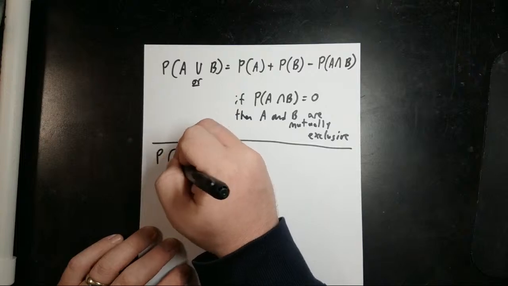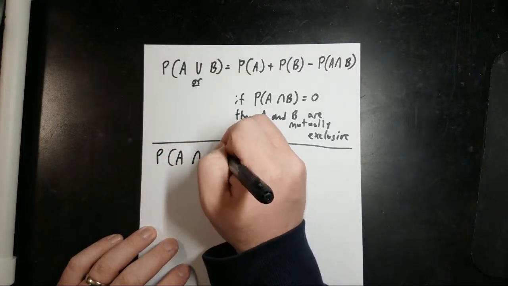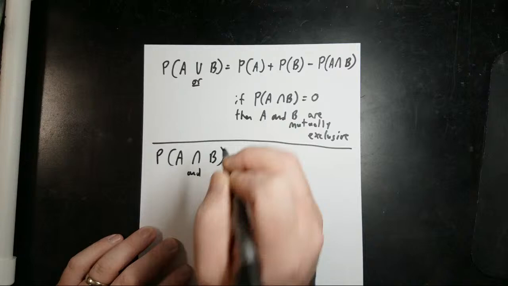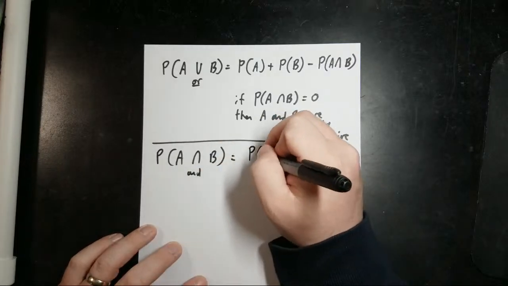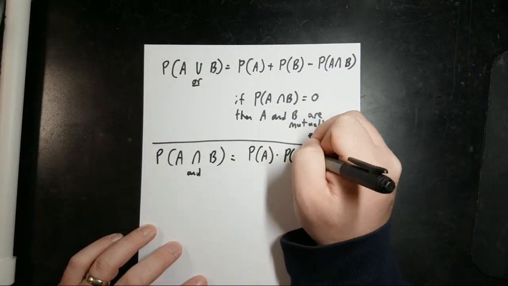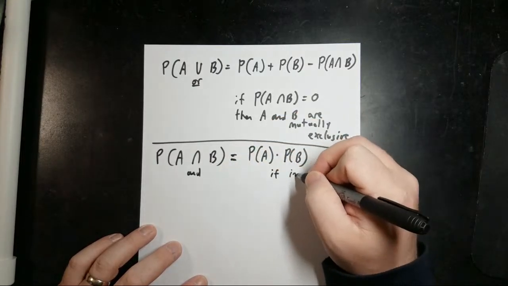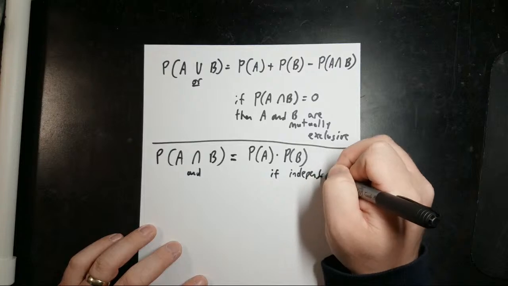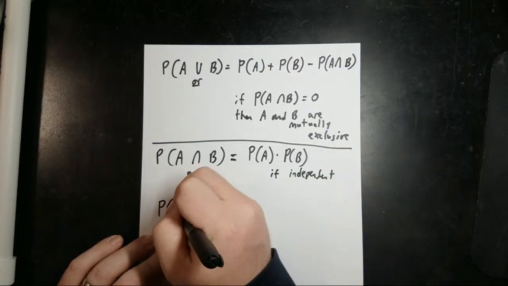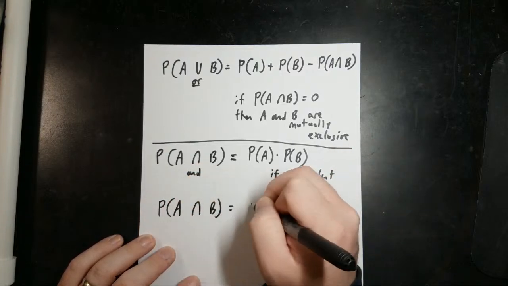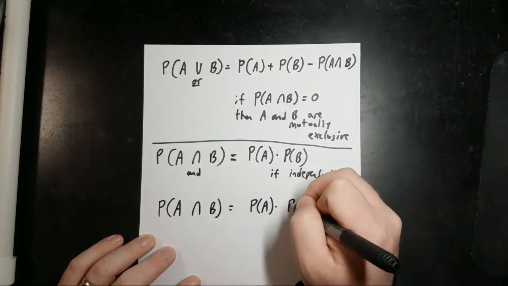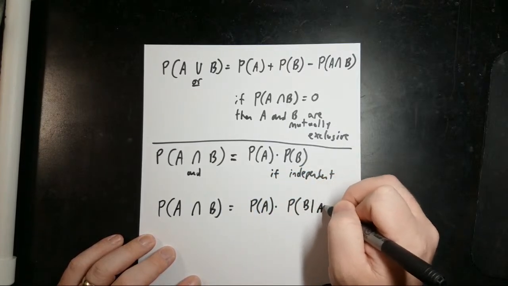If you're talking about the probability of A and B, which is the word and, technically there are two different formulas. This would be if the events are independent, and this would be if the events are dependent.